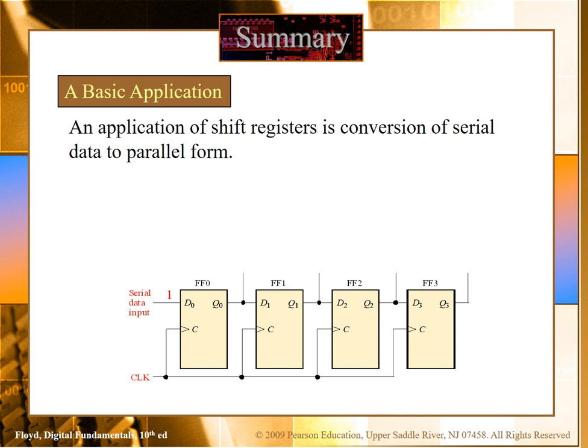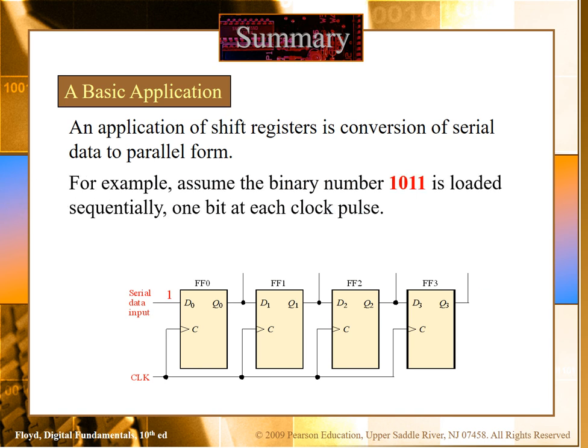And we also have serial data to parallel form. See this example. Assume the binary number 1 is loaded sequentially, so you are loading this at the input side. First you have loaded 1.